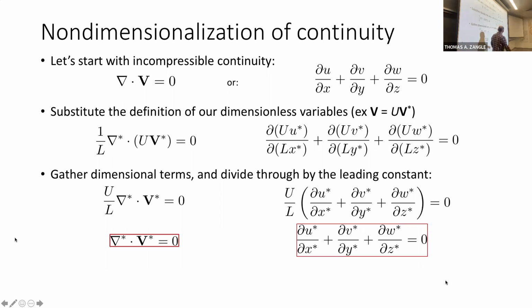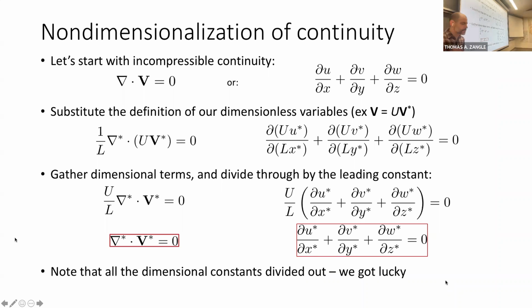Now because we have this leading coefficient, we can just divide through by it, and we're left with the dimensionless form of continuity: du star over dx star plus dv star over dy star plus dw star over dz star is equal to 0. Note that all the dimensional constants divided out.